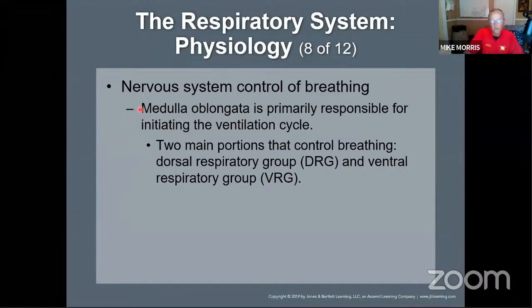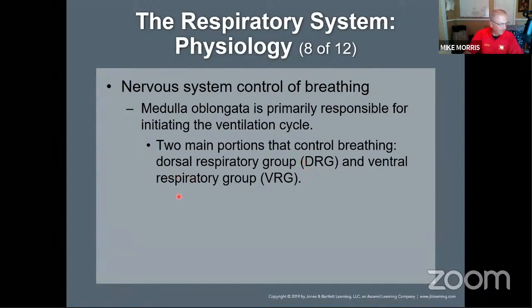All right. So then we've talked about this part too, the nervous system control of breathing. It's found in the brainstem and at the medulla oblongata, right? And so it brings up here, you guys know from EMT school how much BS I think this is, the DRG and the VRG, right?